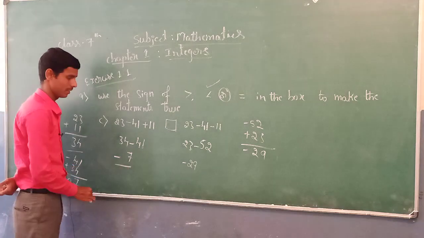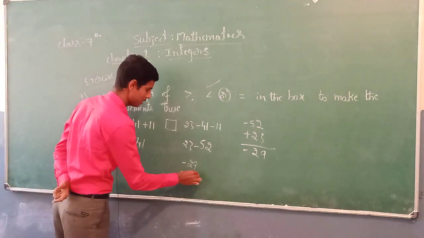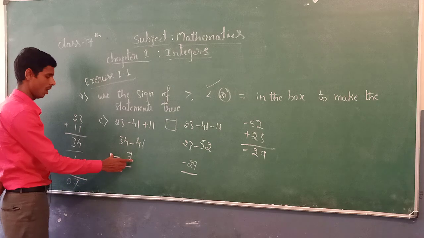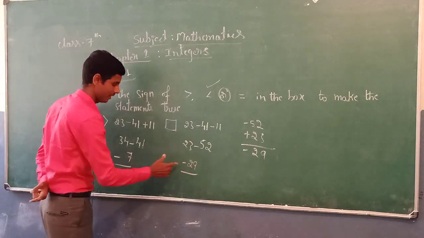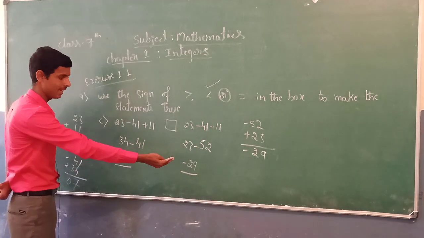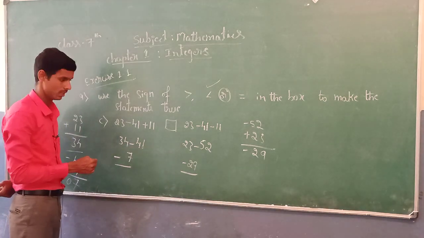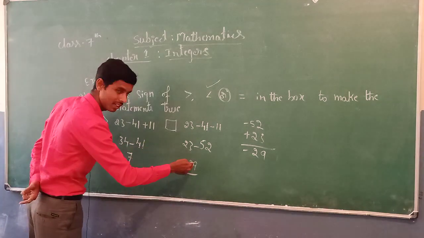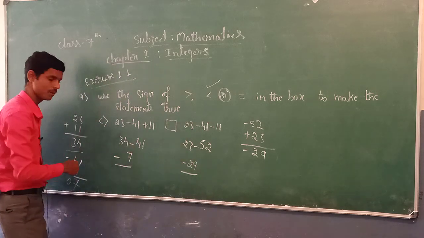So minus 29, right? So minus 7 and minus 29. So how they are related? Obviously minus 7 is greater than minus 29, or minus 29 is less than minus 7.